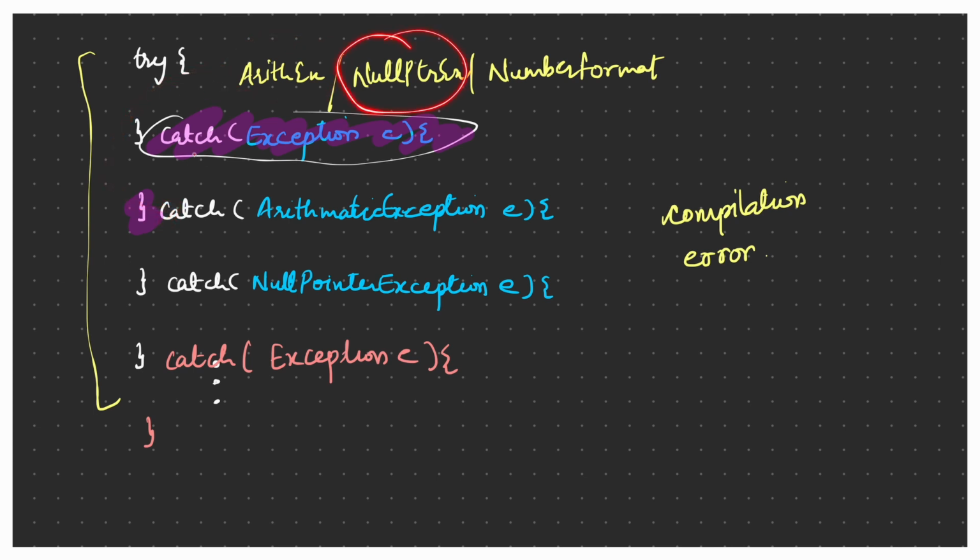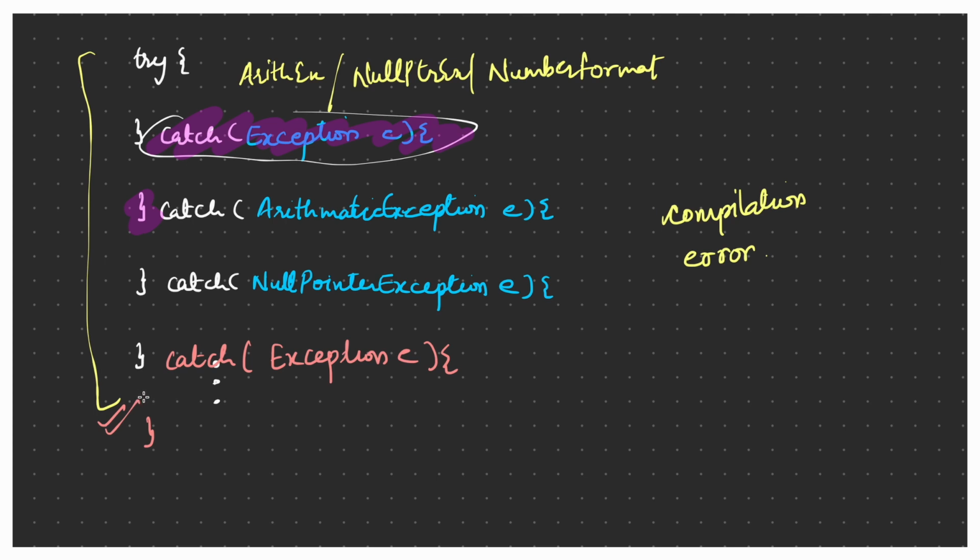If NullPointerException is thrown, it will be handled by the second catch block. And if any other exception is thrown, it will be handled by the last catch block. So this code will execute fine.